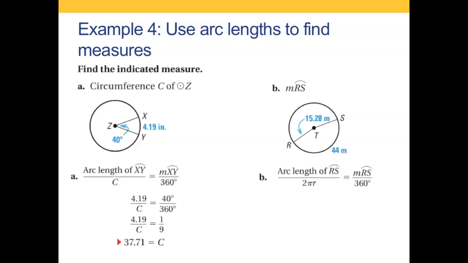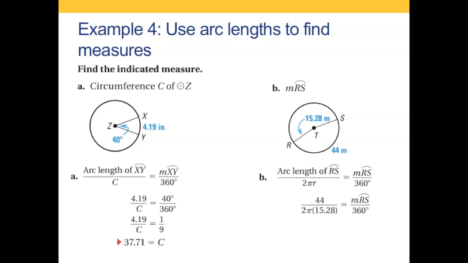Now let's substitute what we know. The arc length of RS is 44 meters, as is told to us in this diagram. We also know the radius is 15.28, so that would be 2 pi times 15.28 for the circumference. And then we're trying to solve for the measure of arc RS.